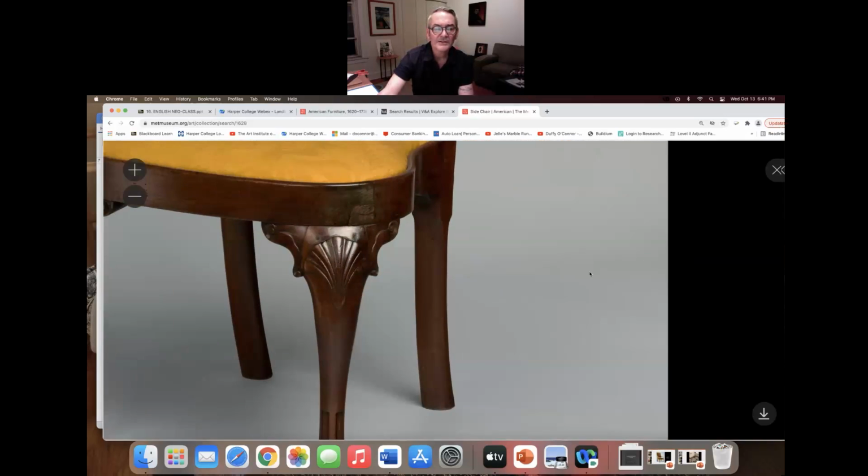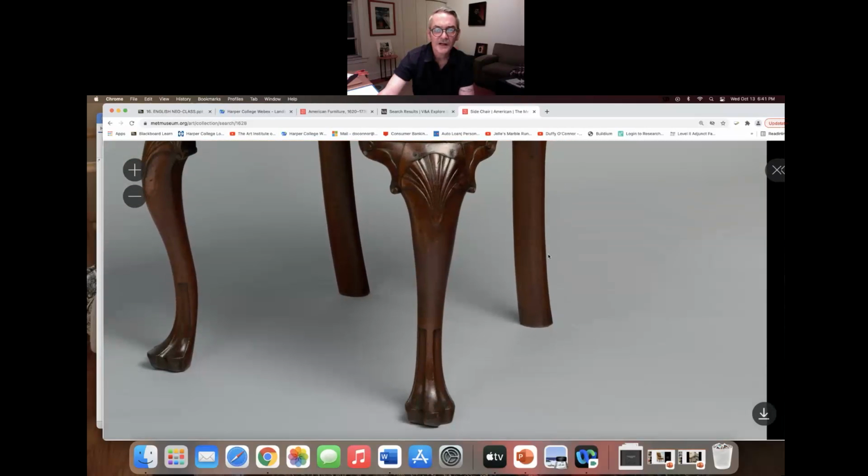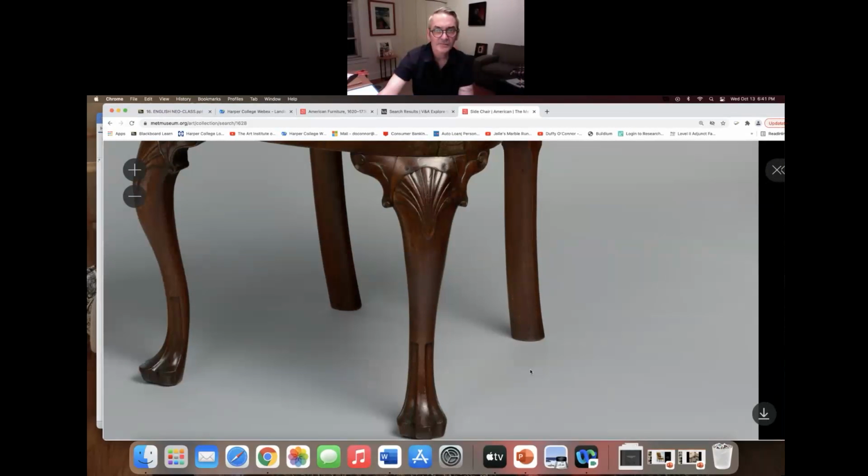And here you can see the shell motif on the cabriole leg. And here is this paw foot. So they experimented with the way the leg would terminate at the base, and there were different types: slipper foot, pad foot, paw foot, and more with Chippendale.